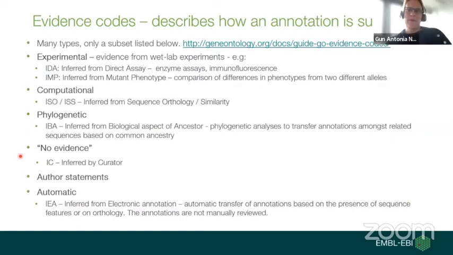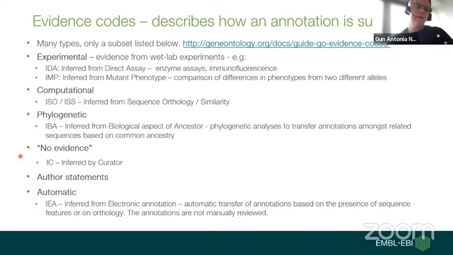So when we make an annotation, we have to indicate what sort of evidence supports the annotation, and there are lots of different types. They don't really indicate the quality of the annotation, although they might in some ways, but they will give you a clue as to how the annotation was derived. So there's a number of experimental ones that are from wet lab experiments.